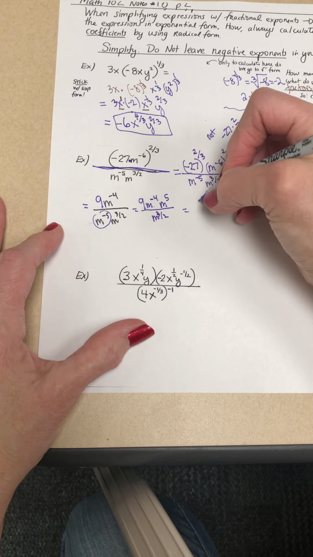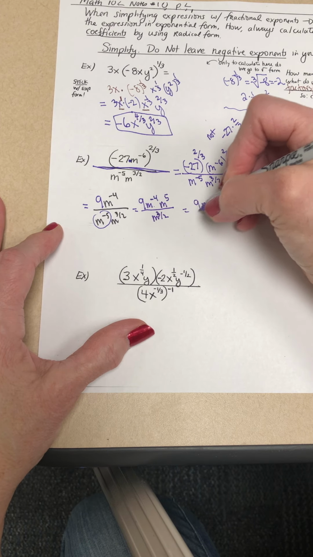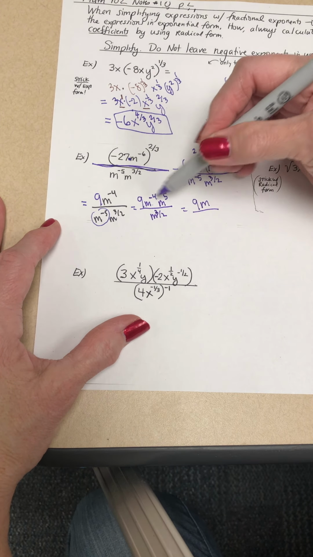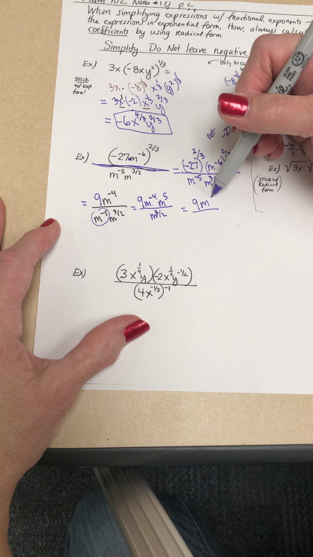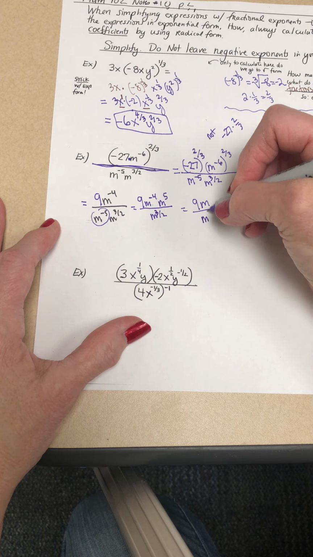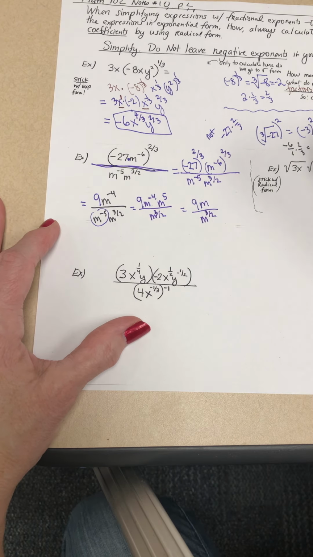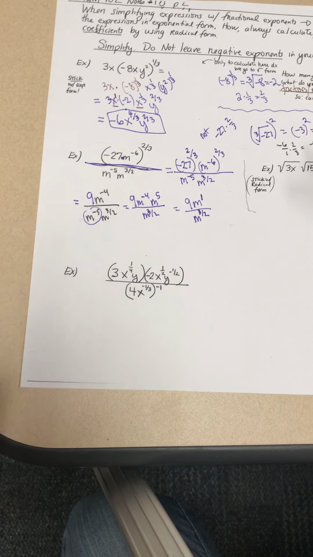And so this is 9m in the numerator, because when you're multiplying the same base, you add the exponent, so negative 4 plus 5 is 1, over m to the 3/2. Let me go ahead and write that 1.